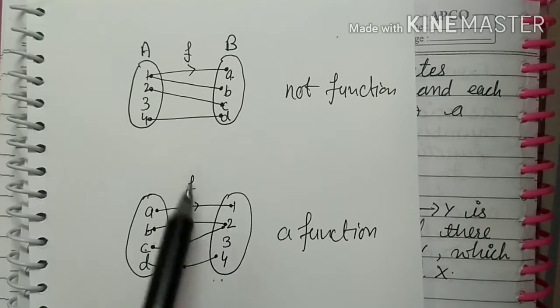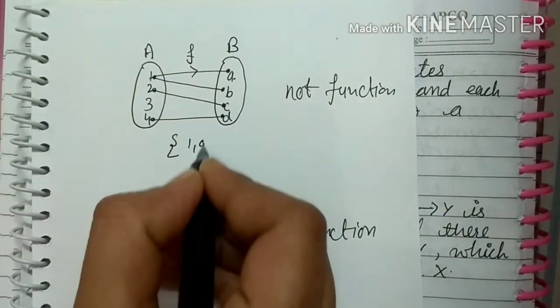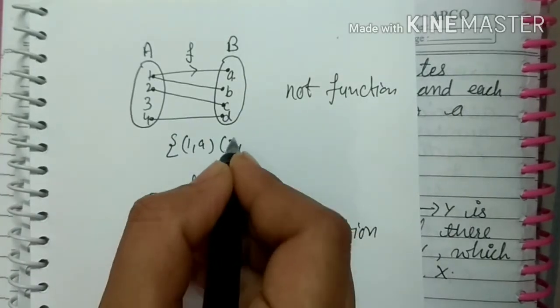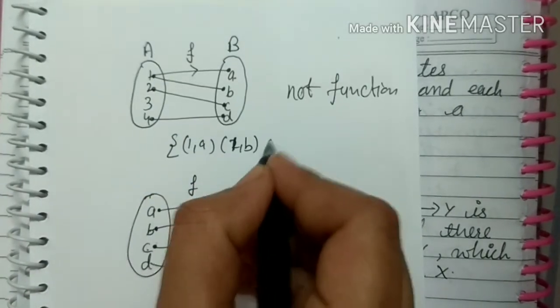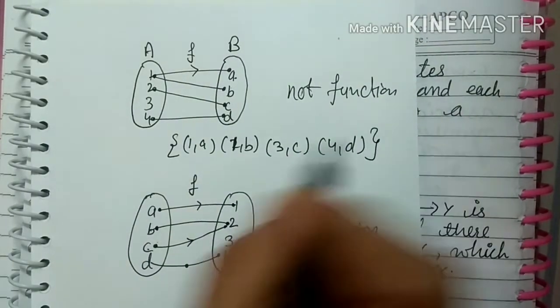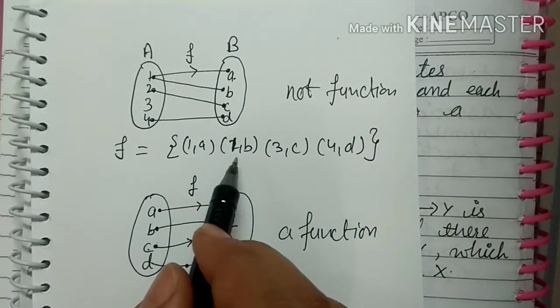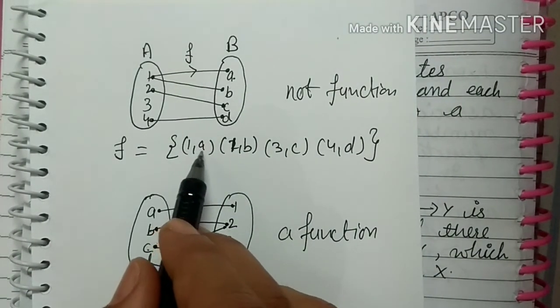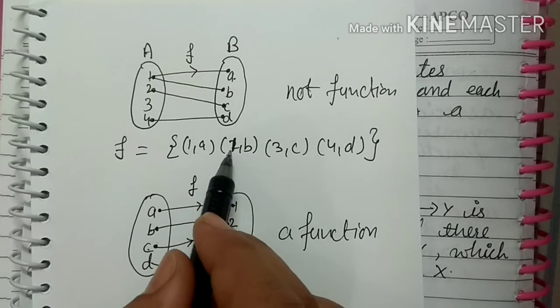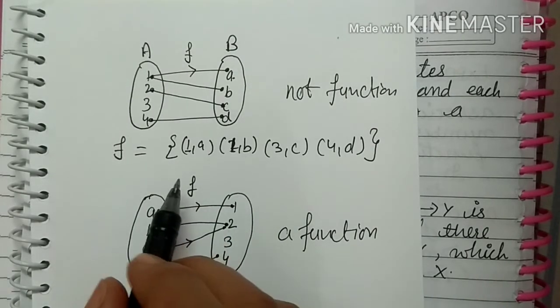If we write this function as ordered pairs, 1a, 1b, 3c and 4d. So if we write this function in set form, in the form of ordered pairs, then we can say that no two ordered pairs have the same first component if f is a function. Clear?